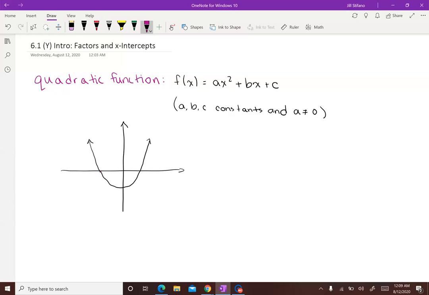These are the points where the graph crosses the x-axis. That's why they're called x-intercepts. And we're often asked to find x-intercepts based on an equation or the graph of a function. So let's talk about how we can do this.